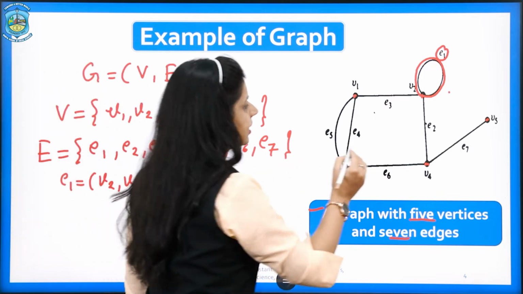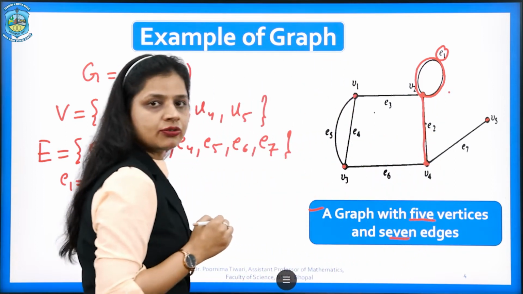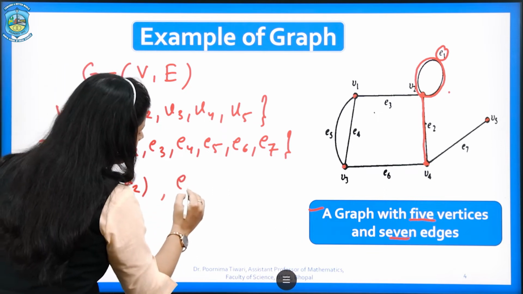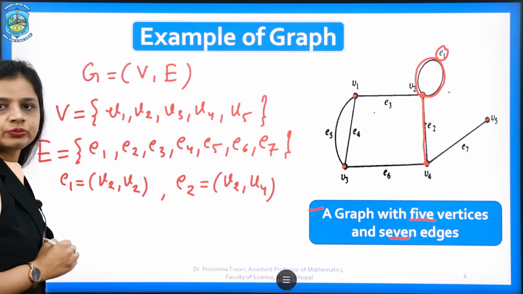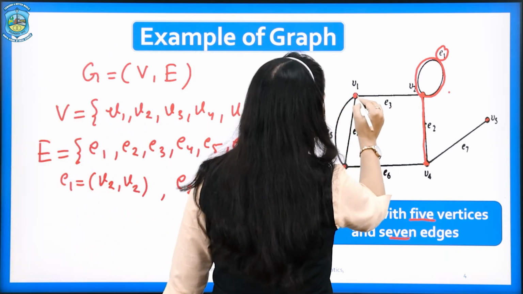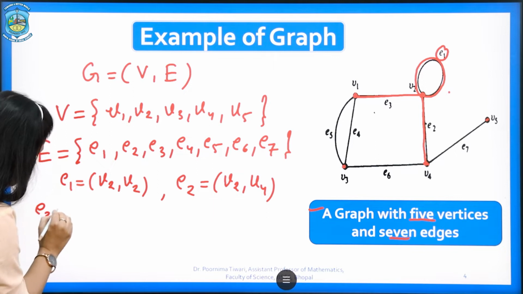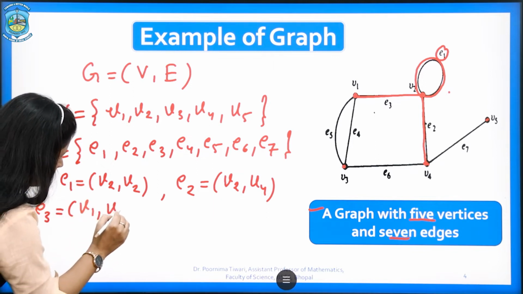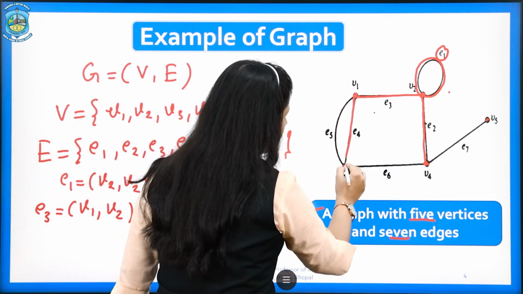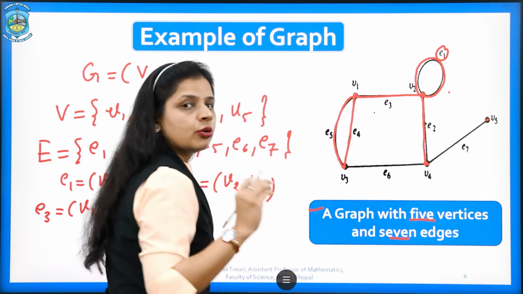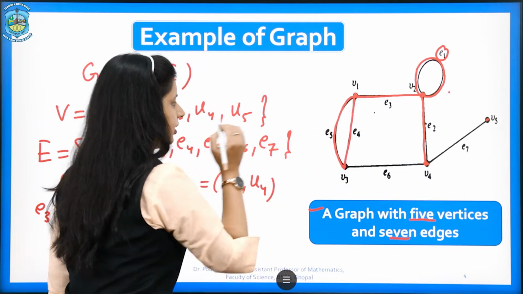When we talk about this second edge E2, it lies between vertices V2 and V4. That is, we write edge E2 in between the vertices V2 and V4. Now third edge E3 lies between the vertices V1 and V2. When we observe edges E4 and E5, both edges are identified by vertices V1 and V3.